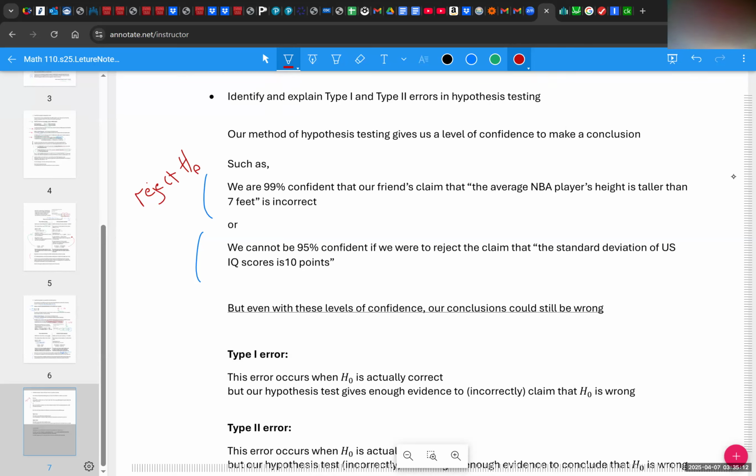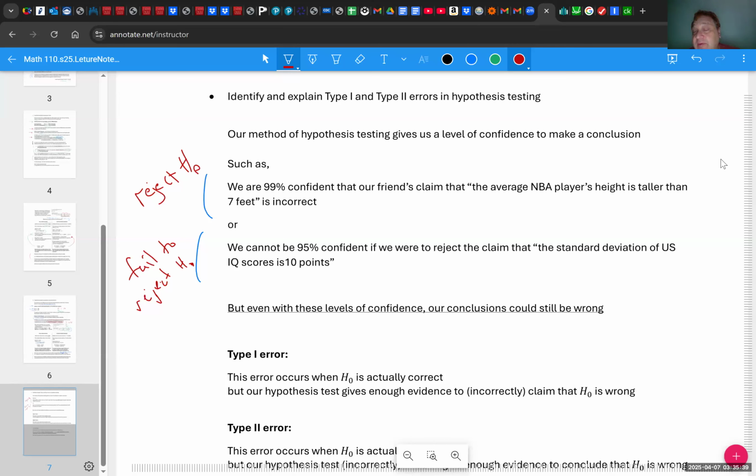And this one here was a fail to reject. We don't have enough evidence. I mean, we didn't fail, we just didn't get enough evidence to reject it, right? Which is not our fault. It's just what happened, right? That's just the way the math people say it, right? Either you reject or you fail to reject. But of course, because we don't have 100% confidence in any of these situations, our conclusions could still be wrong.